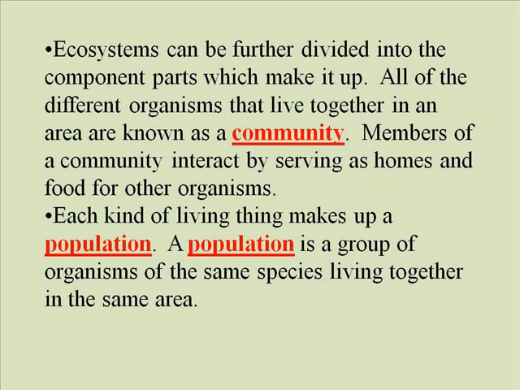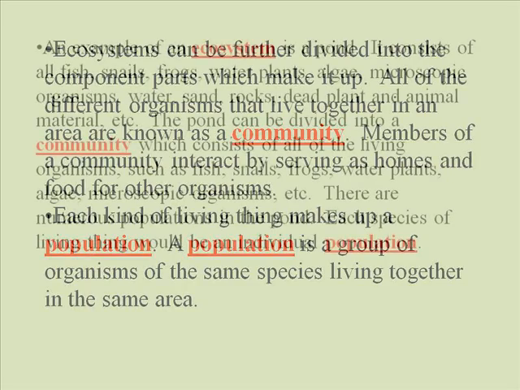So population is going to be a group of one type, the same species of a living thing living in your area. And then we can even break our population down to the individual. We can talk about one gray squirrel that lives in your neighborhood or one specific tree that lives in your neighborhood, and that would be the individual.